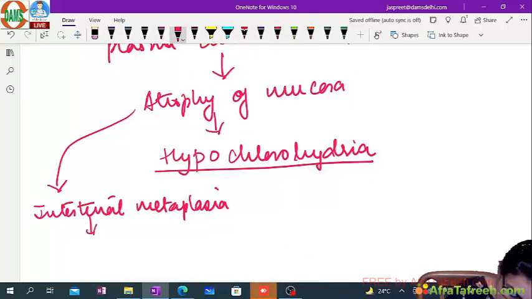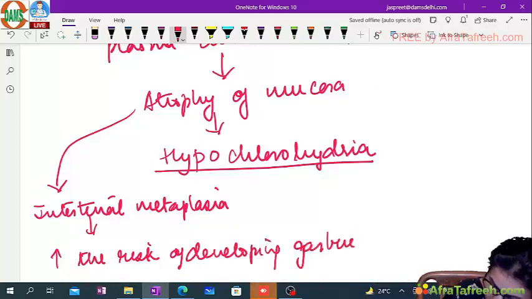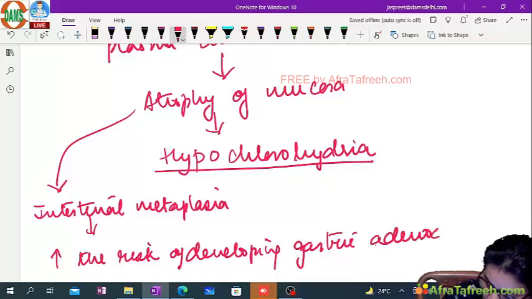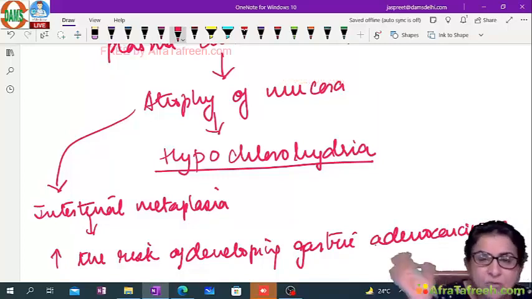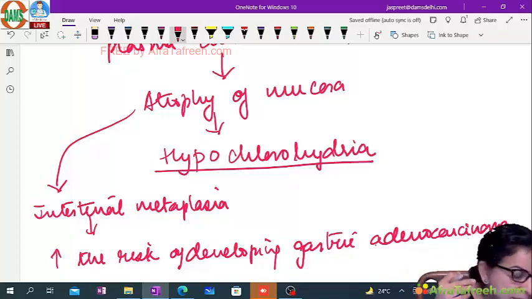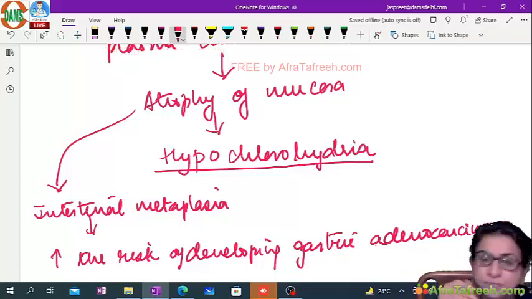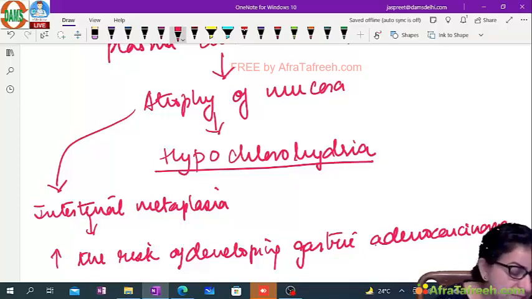This intestinal metaplasia increases the risk of developing gastric carcinoma, gastric adenocarcinoma. So whenever there is atrophy of the gastric mucosa, that predisposes to intestinal metaplasia, and intestinal metaplasia increases the risk of developing adenocarcinoma of the stomach.